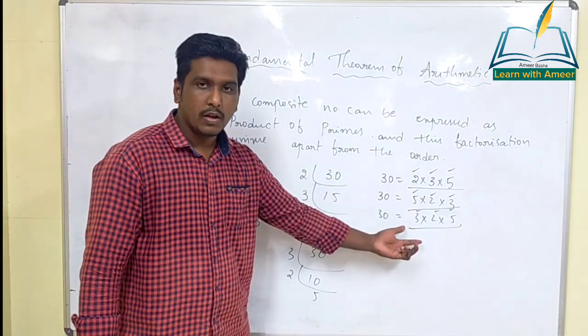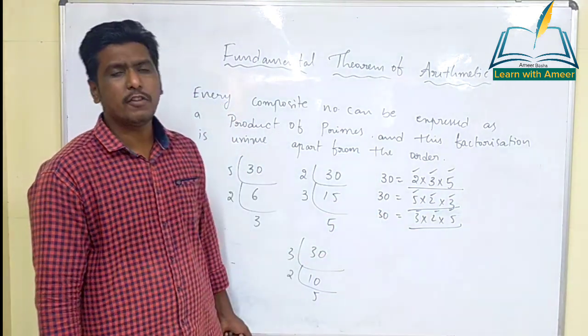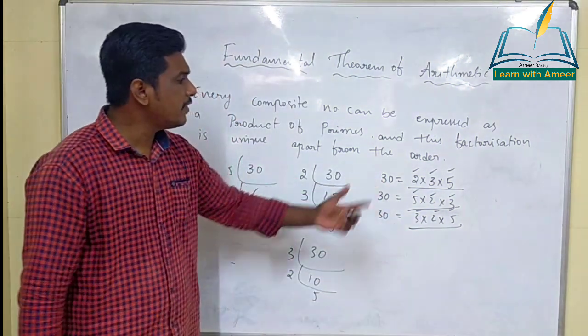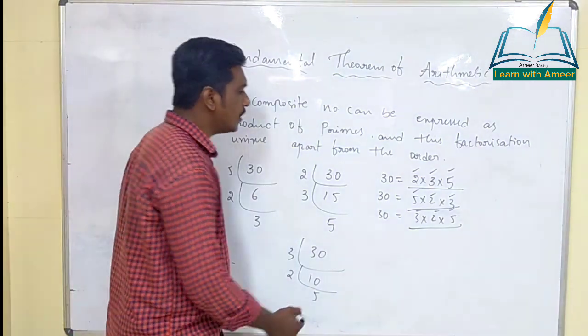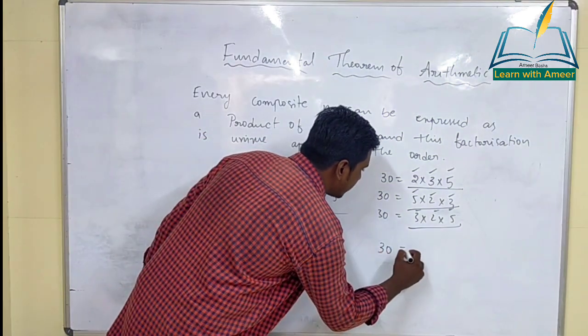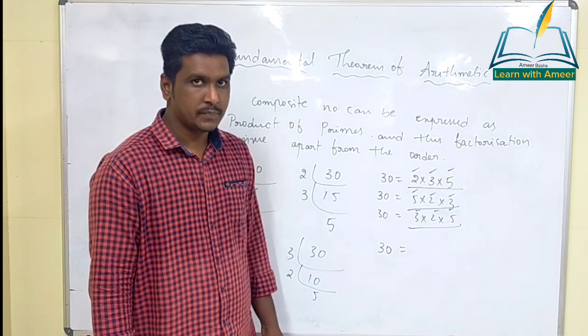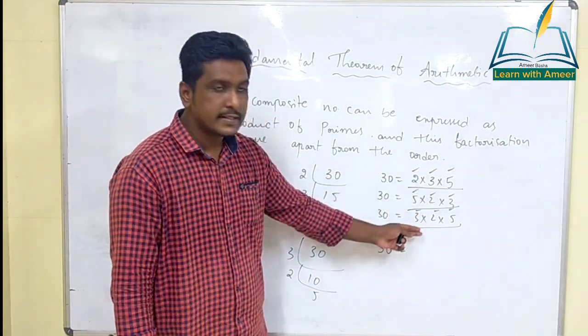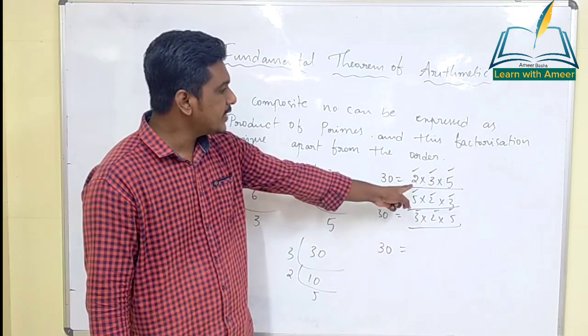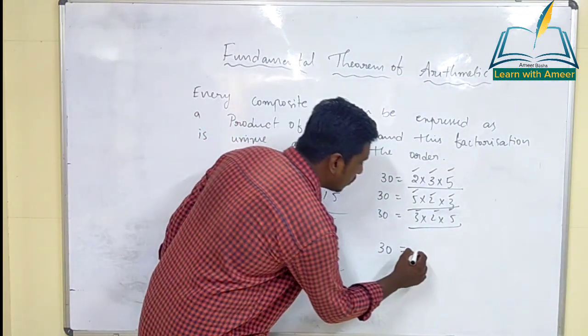Okay, children, now generally what we do is, whenever we write factors, as a general rule we write all the factors in ascending order. What is the smallest one, children? 2.